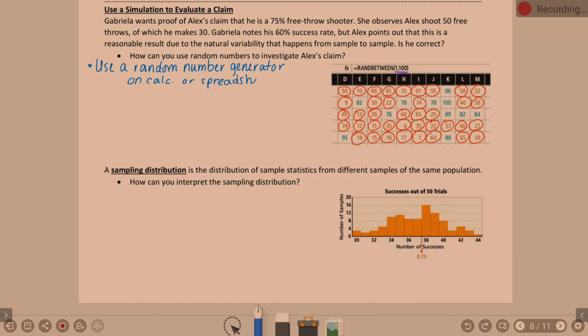In this particular scenario, numbers 1 through 75 were a make, and then 76 through 100 were misses. So this random number generator generates numbers 1 to 100.